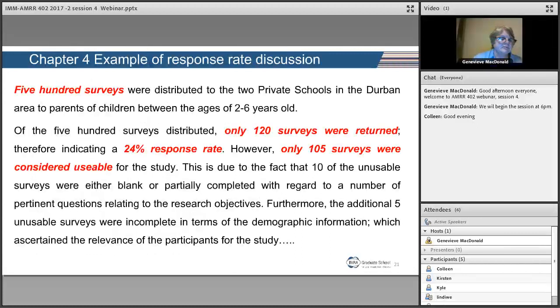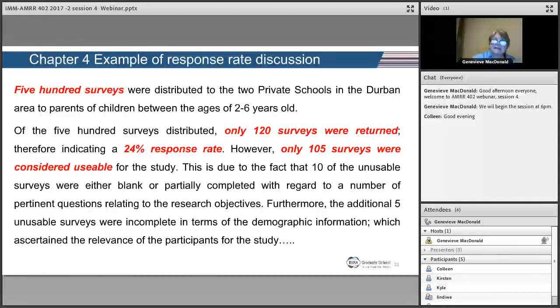See the following example. Say, for instance, here 500 surveys were distributed to two private schools in the Johannesburg area to parents of children between the ages of 2 to 6. Of the 500 surveys distributed, only 120 were returned, therefore indicating a 24% response rate. However, only 105 surveys were considered usable for the study due to the fact that 10 of the unusable surveys were either blank or only partially completed.